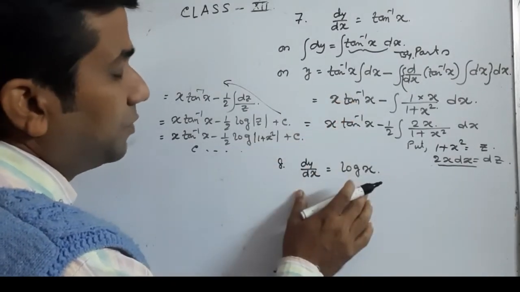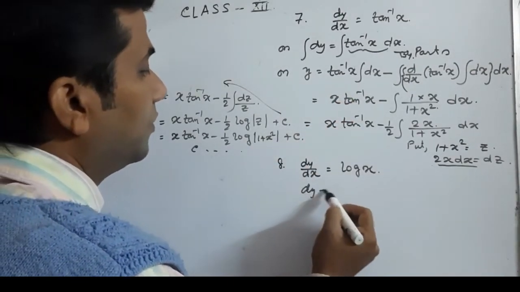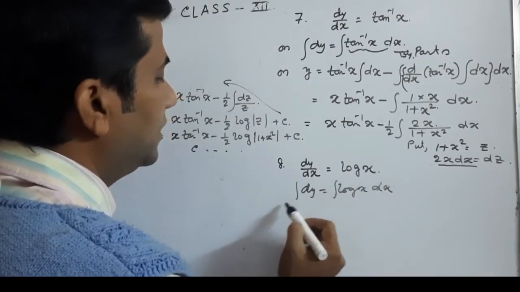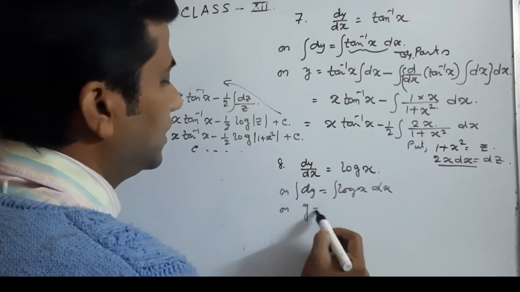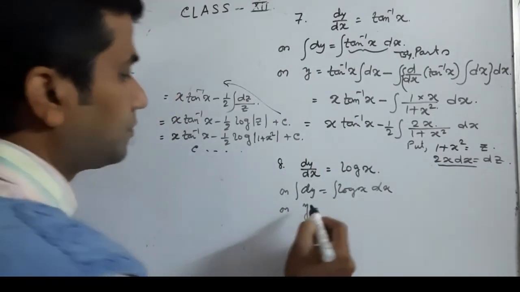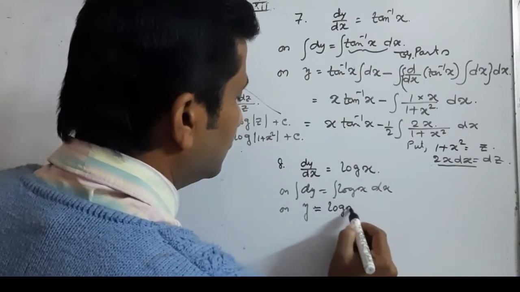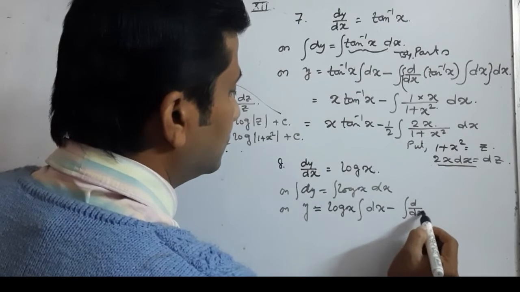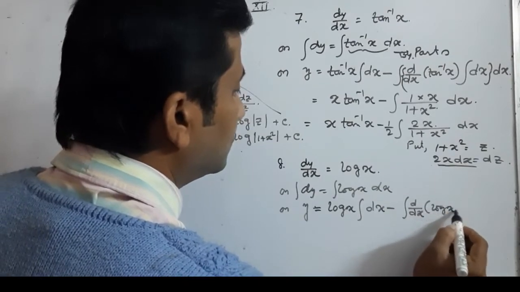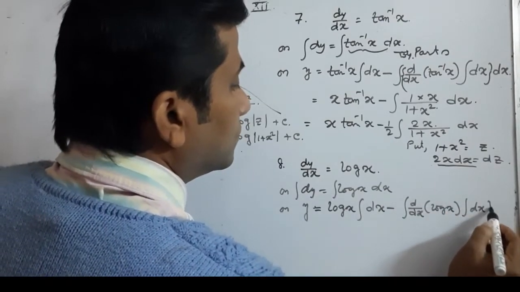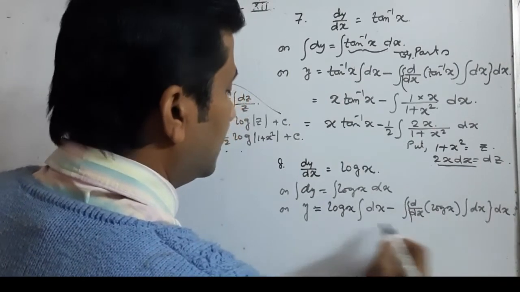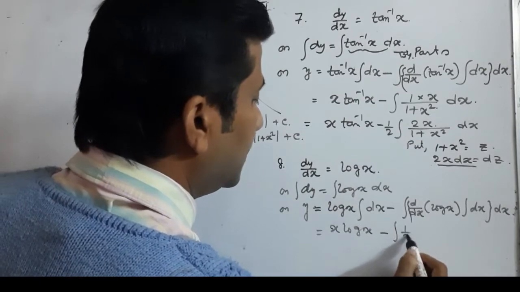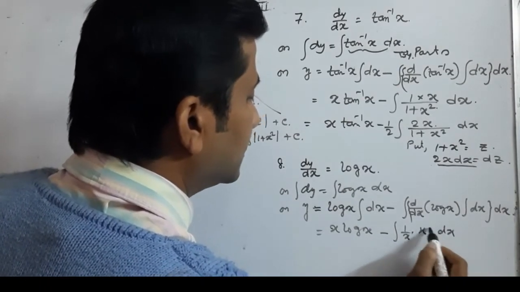This is a same and similar problem. We have to integrate by parts, ∫log x dx, and integrating we get the result. y = x log x minus ∫1/x · x dx.